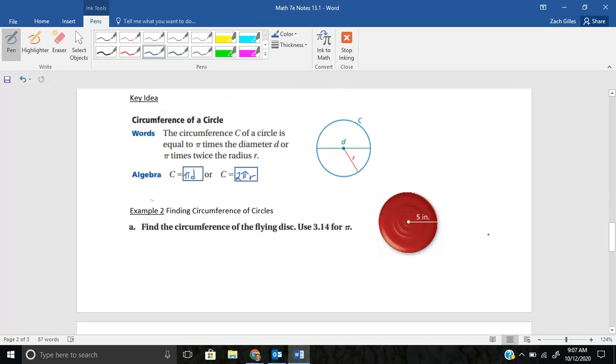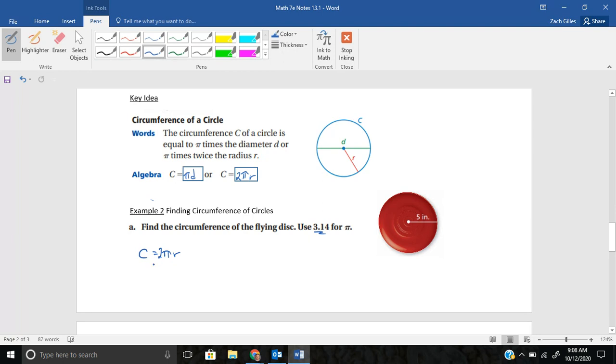All right, so here we got a frisbee. It says, find the circumference of the flying disc. Use 3.14 for pi. Well, I'm given the radius here, so I'm going to use the formula that has the radius. So circumference equals 2 times pi, and I'm going to use 3.14 times radius.